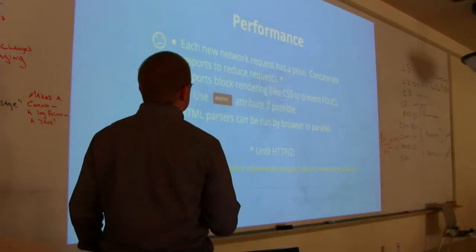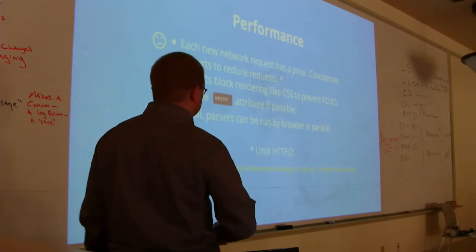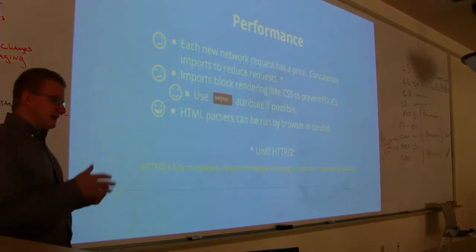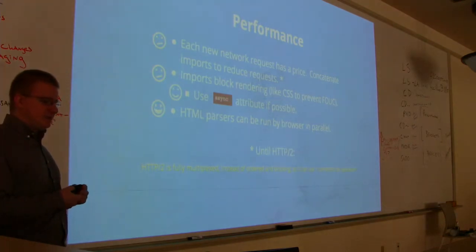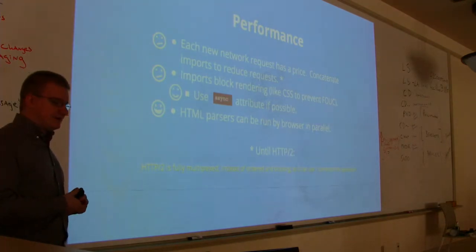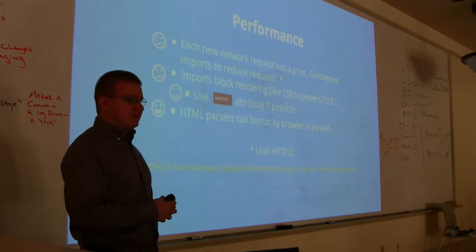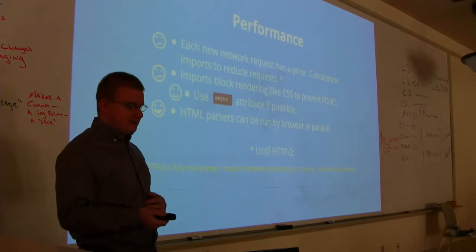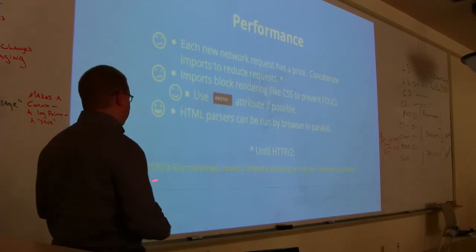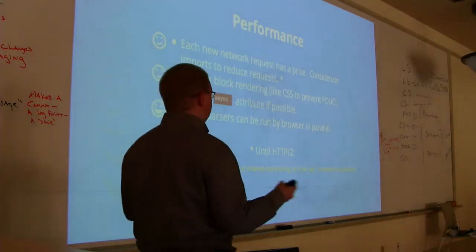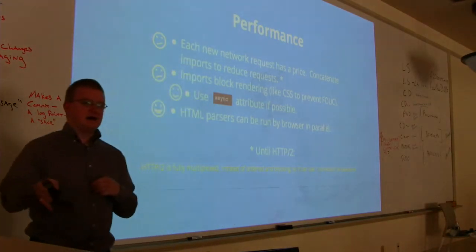I have this little asterisk, and it's for until HTTP 2. We won't go into too many details on HTTP 2. It's getting there. It's the new specification for HTTP, the transport mechanism we use for transporting things over the web. And HTTP 2 is fully multiplexed. So instead of ordered and blocking, it can use one connection for parallelism for multiple downloads.